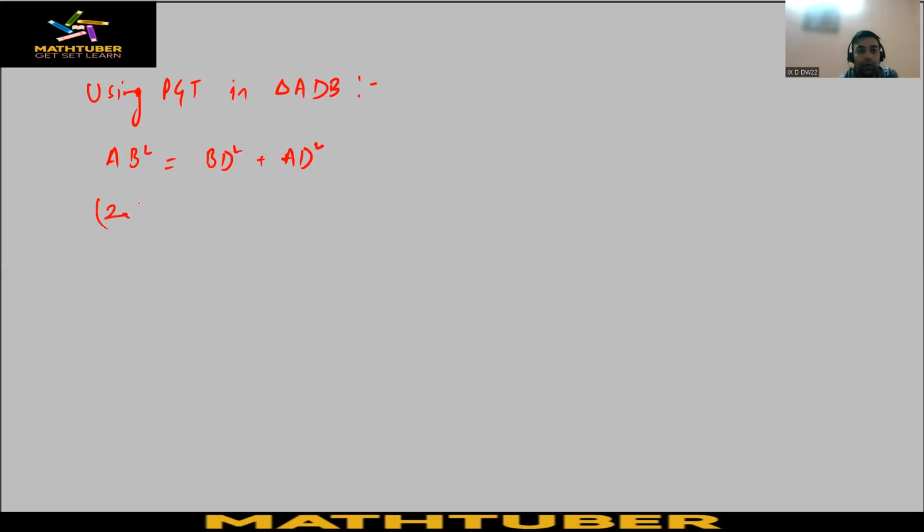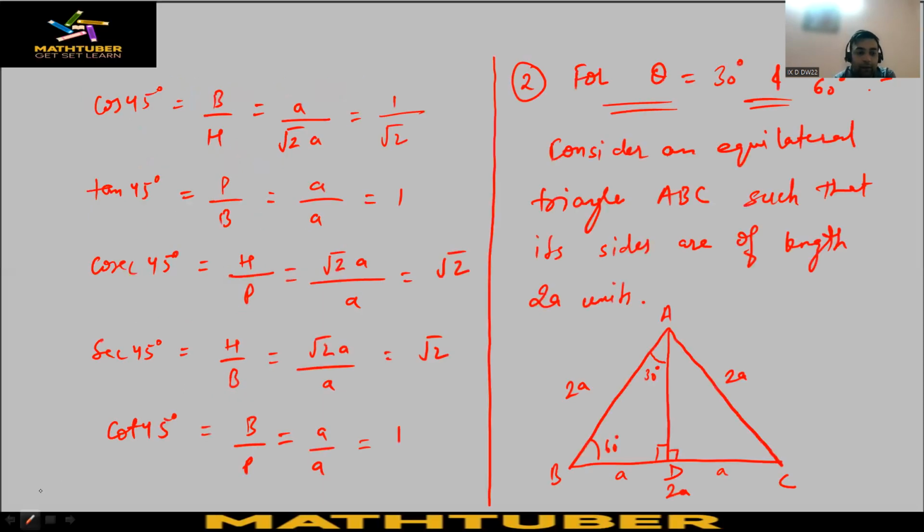This is 2A whole square is equal to A square plus AD square. So AD square will be equal to 4A square minus A square, that is 3A square, right? Therefore AD will become root 3A. So the value of AD will come out to be here root 3A units.